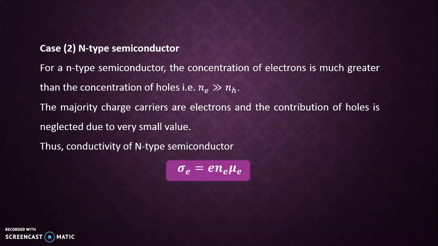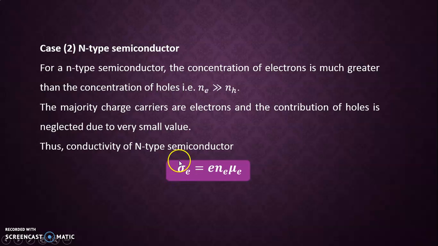sigma suffix e is equal to e into n suffix e into mu suffix e. Here the suffix e indicates that the concentration of electrons is more.